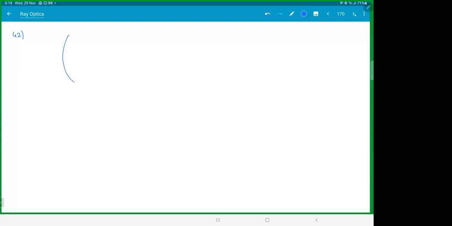So let's say we have a lens. R is 20 centimeters and mu is equal to 2. Now what someone did, this is the object at a distance of 30 centimeters. Someone removed 2 centimeters from the middle.